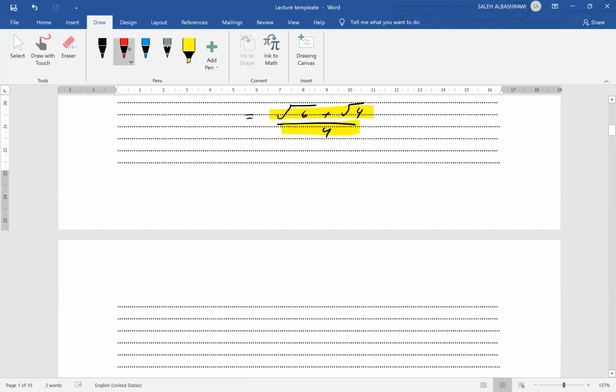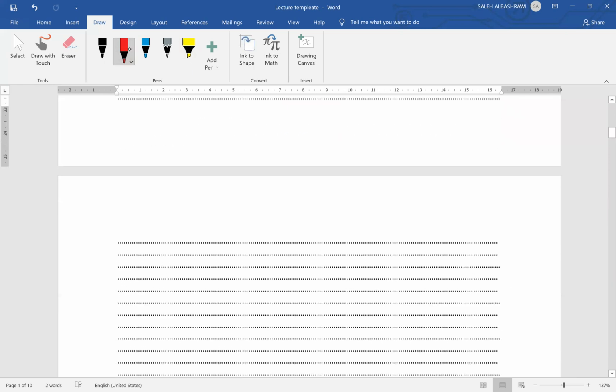So in the second example, I need to find sine of 330 plus 45.